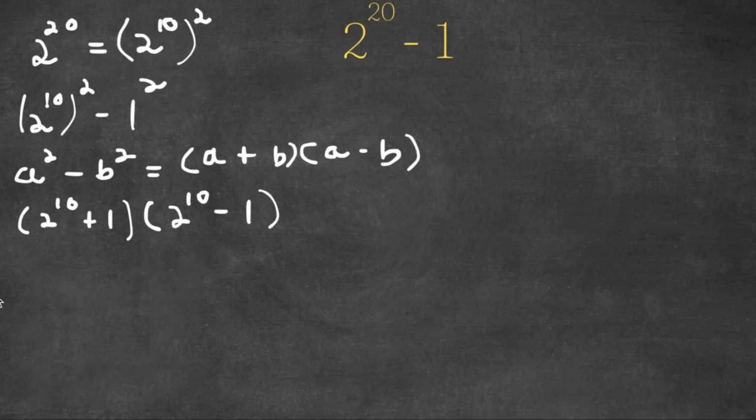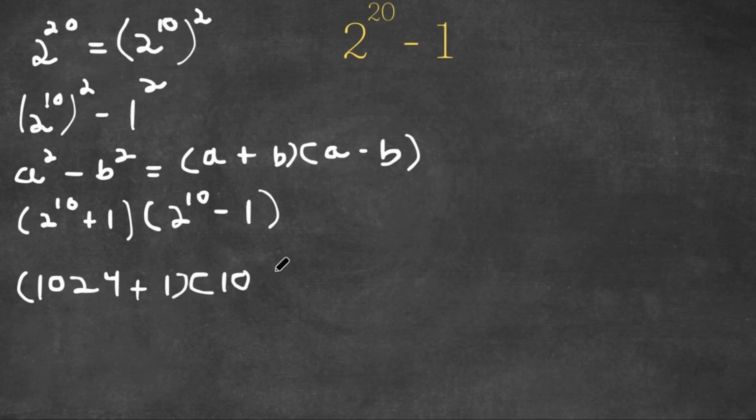Now 2 to the power of 10 is the same thing as 1024. So now we get (1024 plus 1) times (1024 minus 1).